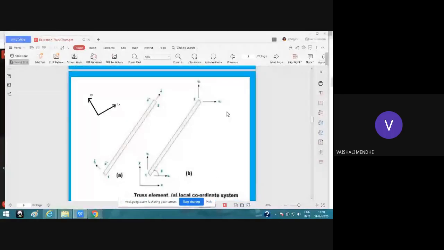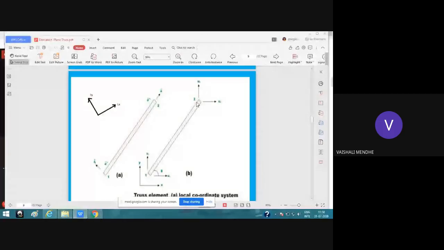But in the global coordinate system, you have to show the displacement along horizontal X and along vertical Y. So here in the second figure, you can see that at node 1, U1 is the displacement along X and V1 is the displacement along Y. And at node 2, U2 is the displacement along the X direction and V2 is the displacement along the global Y direction.